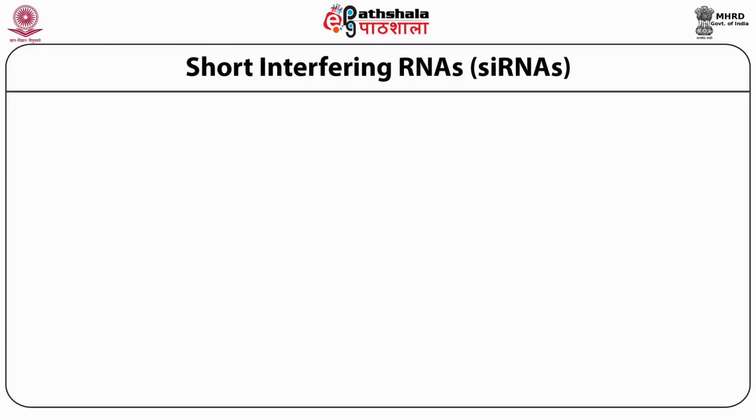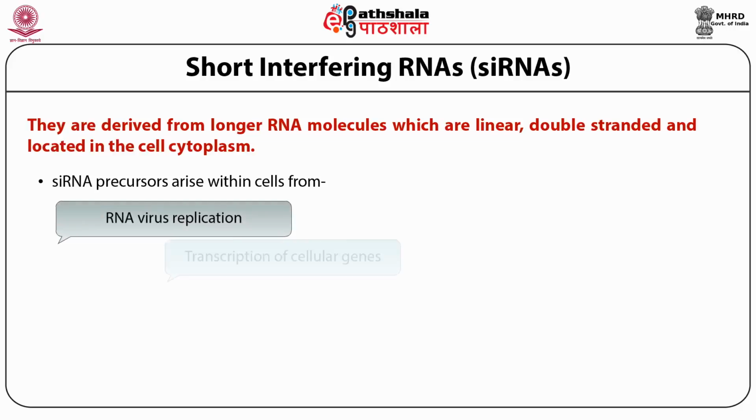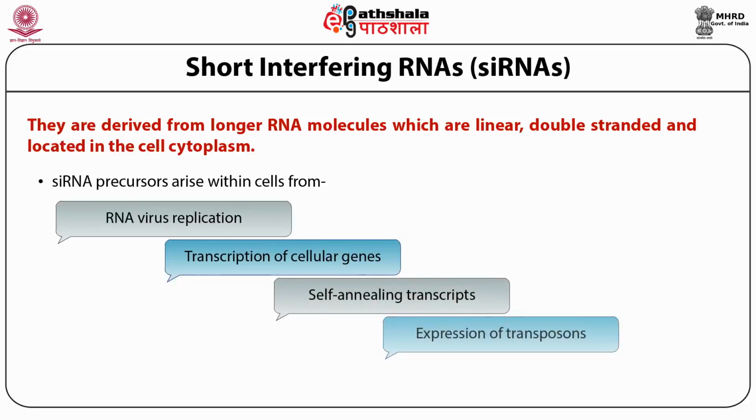The short interfering RNAs, also known as siRNAs, are derived from longer RNA molecules which are linear, double-stranded and located within the cytoplasm. These siRNA precursors arise from within the cells from the following sources. They may arise from RNA virus replication, transcription of cellular genes, self-annealing transcripts, expression of transposons, or experimental transfection.